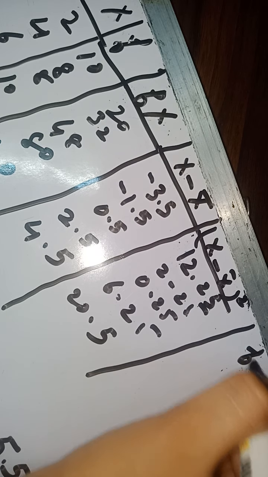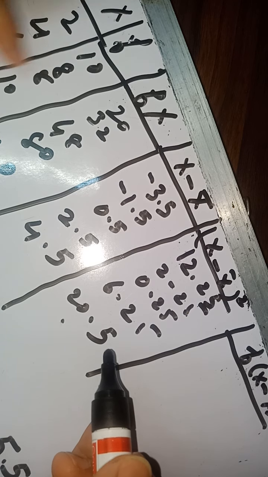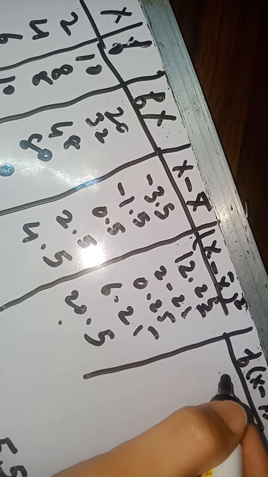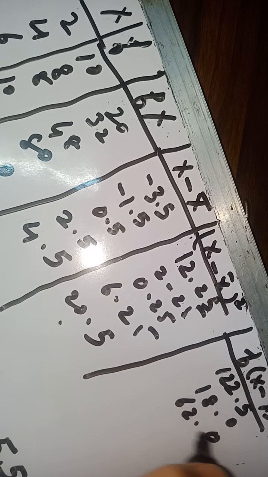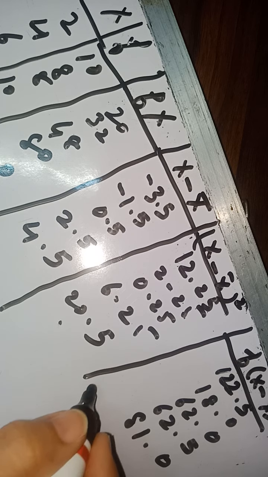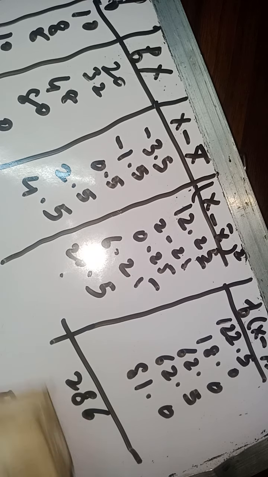Next we find f into (x minus x bar) square. So here we multiply these values by the given frequency. We get 122.5, 18.0, 2.0, 62.5, 81.0. Next we find the summation of these numbers, that is 286.